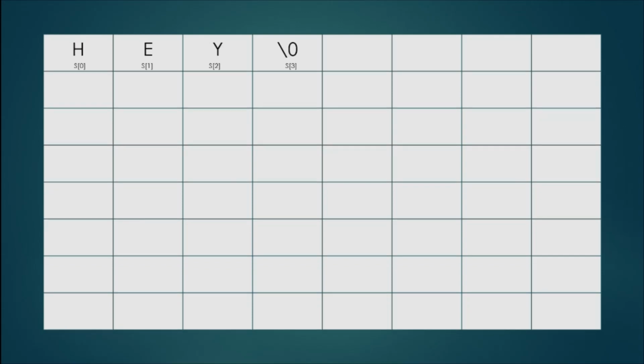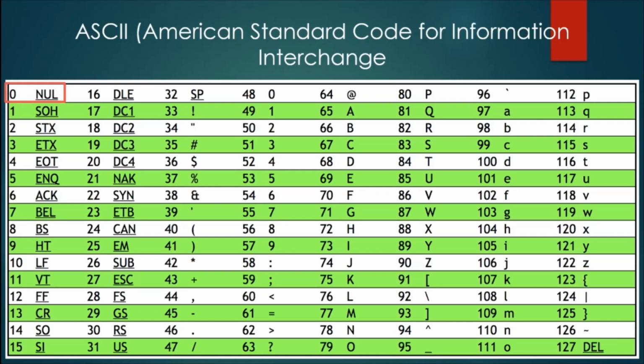We've actually seen this, although we didn't point it out, but if we bring back our ASCII chart from a previous video, you can see up here in this top left corner, represented by 0, is actually null, N-U-L.